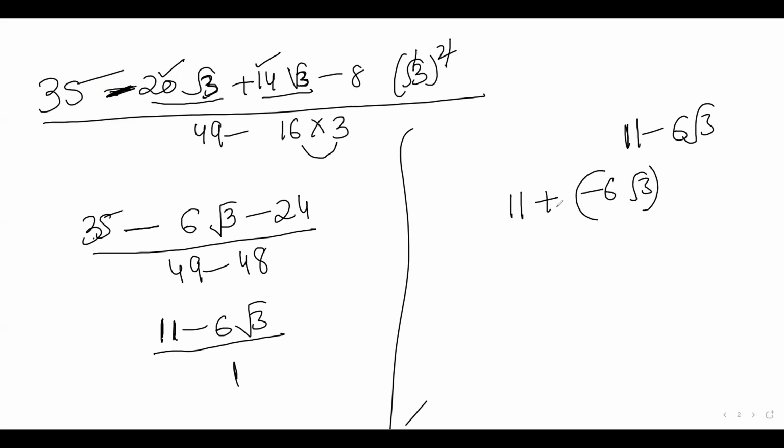Can I write like this? I can write. Why? Because plus into minus is minus only. So this minus is written as plus into minus, and on the right I am having a plus b root 3, isn't it?